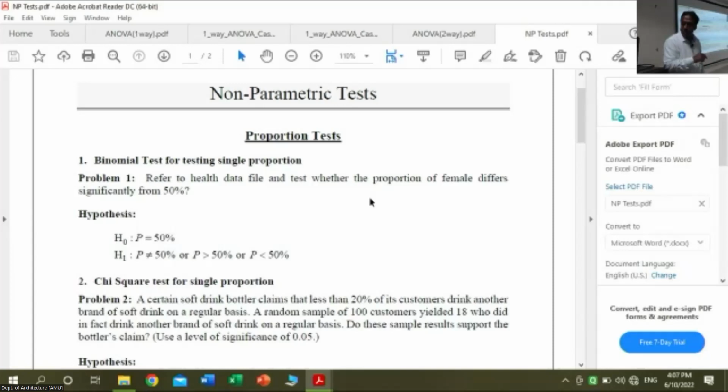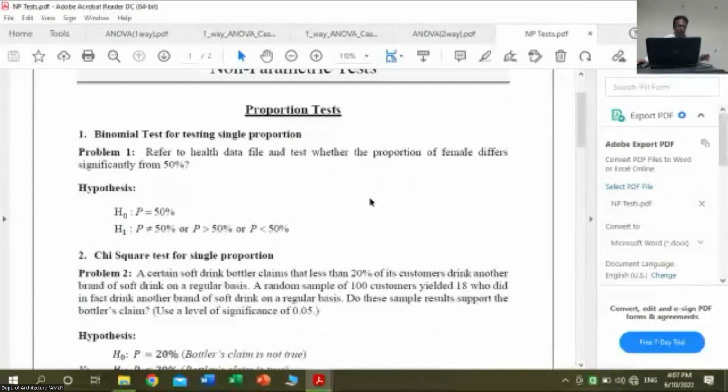Okay. So this can be performed using the binomial test. And here we can say like this: not equal to, greater than 50, and less than 50%. So here the problem is stated like that: proportion of female differs significantly from 50%. The problem can also be stated like that: population of female is less than 50%, greater than 50%, or not equal to 50%. तो पहले हम डेटा फाइल खोल लें.